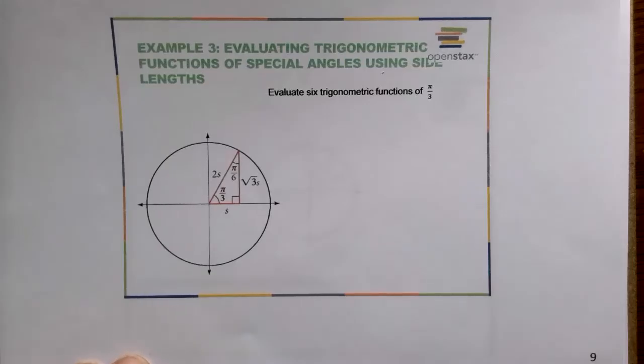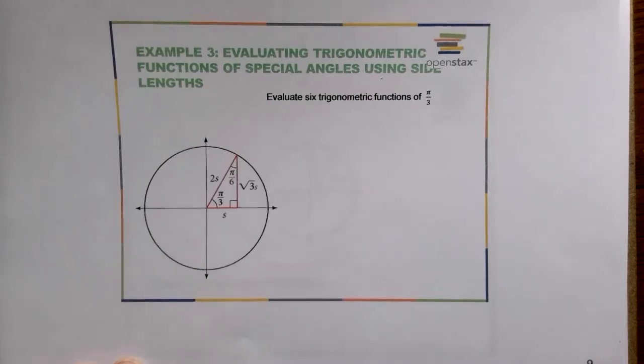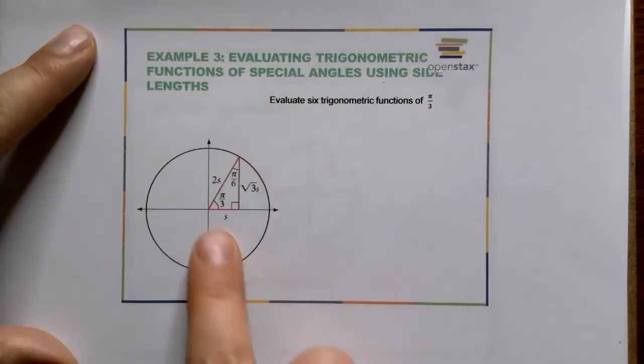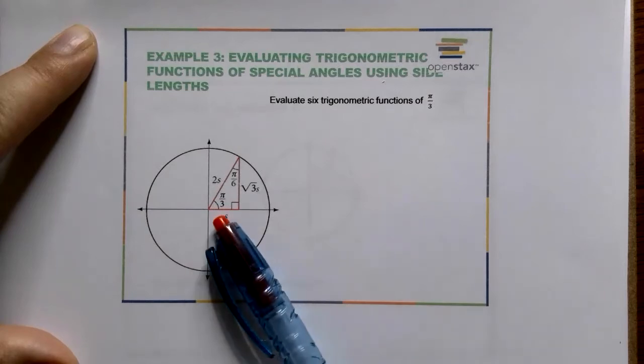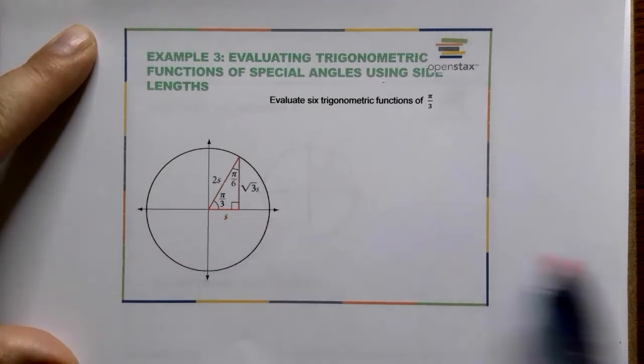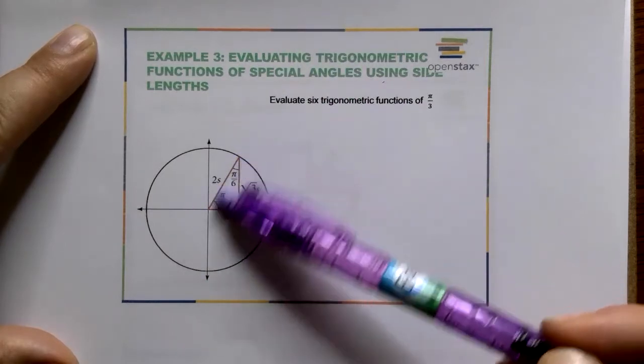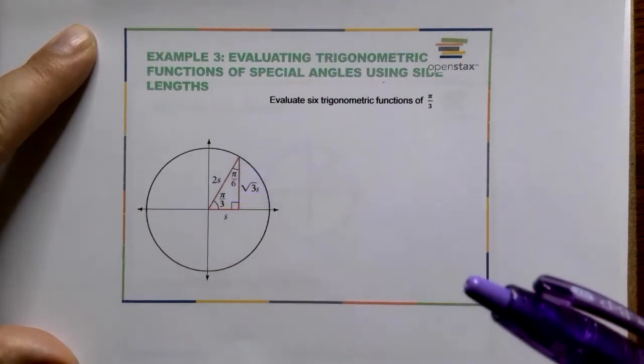Okay, so what does that mean for our circles, like our circular trigonometry or geometry? Well, if you have an angle of pi over 3, and you remember that pi over 3 is equivalent to a 60-degree angle, then this is what it's going to look like when the triangle is inscribed in a circle.